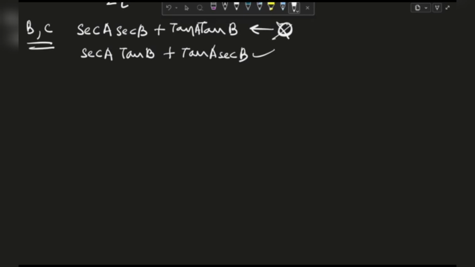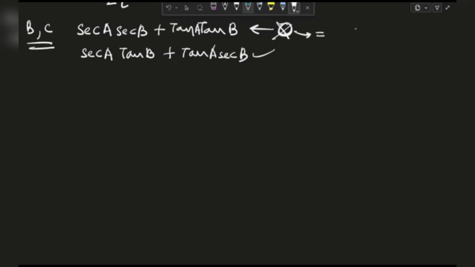What we can do is obtain a relationship between these two expressions so that we can get our desired result. If you observe carefully, we will try to manipulate this a bit.